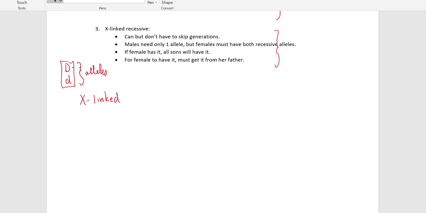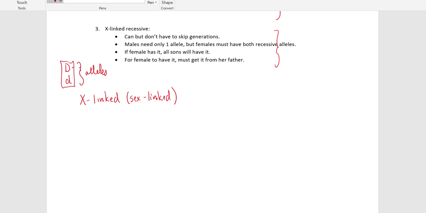when we talk about X-linked or sex-linked traits, what's important is that we use our chromosomes, because what we're looking at is the difference between females and males who may be carrying the particular trait or disorder.